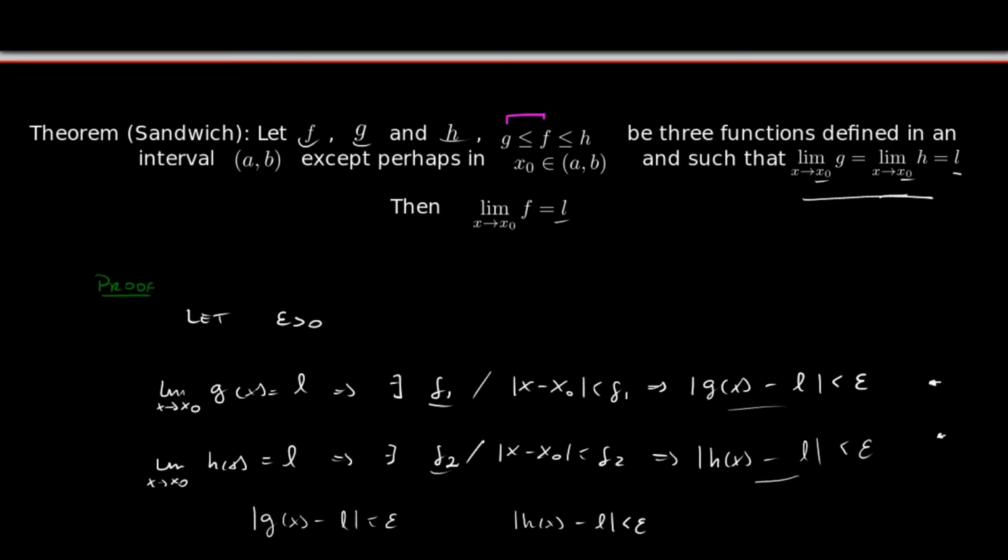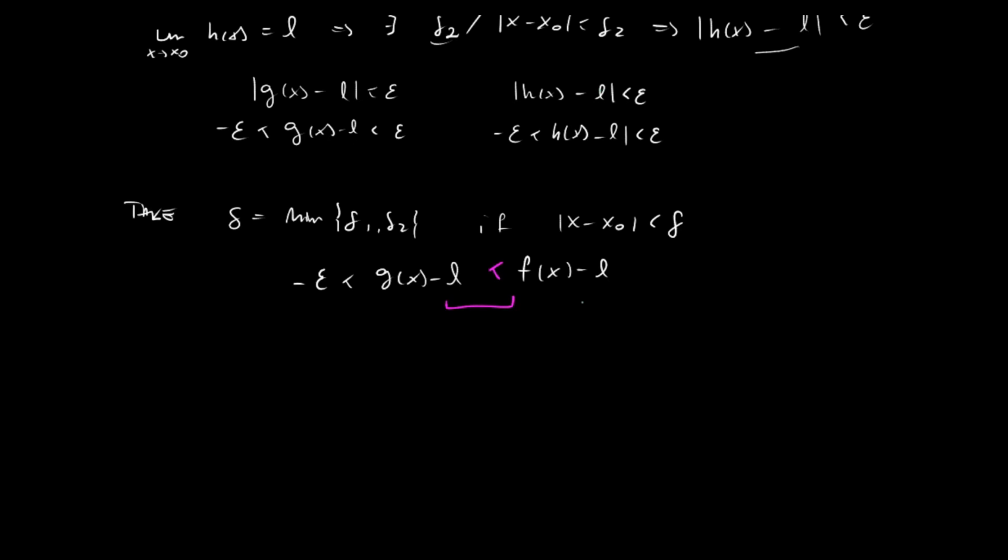And because in our hypothesis we had that f of x was smaller than h, then here we're going to have that f of x minus L is smaller than h of x minus L. But again we have here that h of x minus L is smaller than epsilon. So then f of x minus L is between minus epsilon and epsilon.